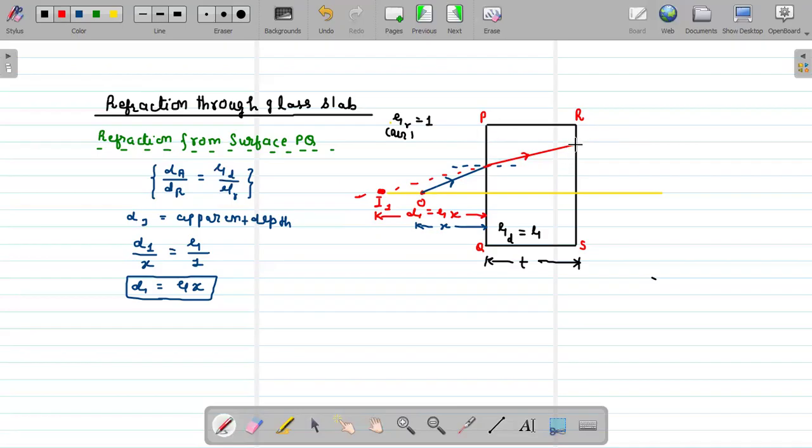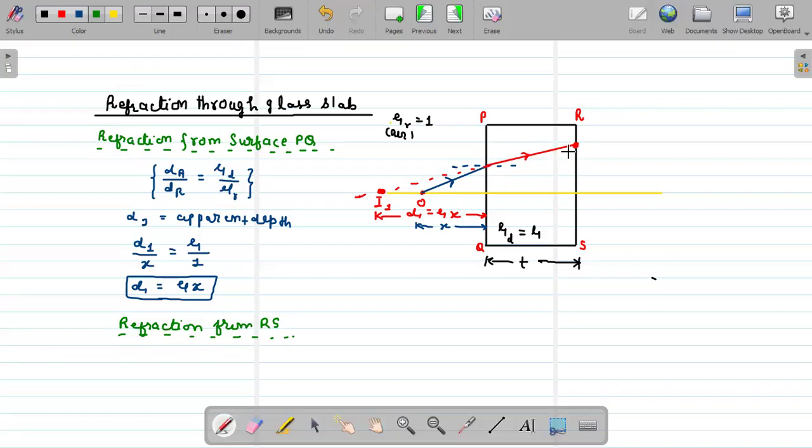Now let's see the surface RS. Refraction from RS. In the case of RS, this red line is my incident ray.